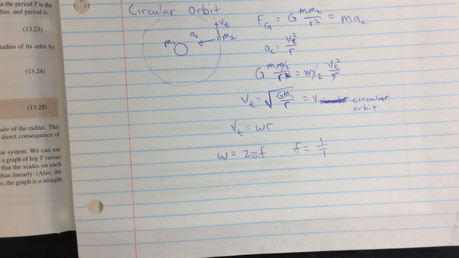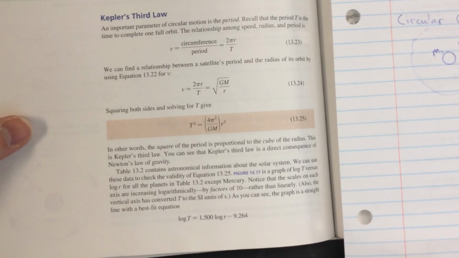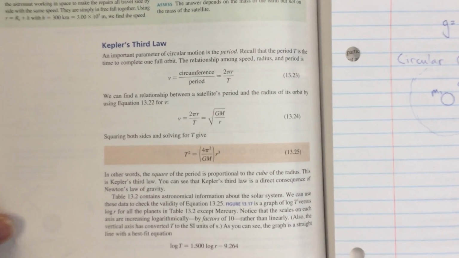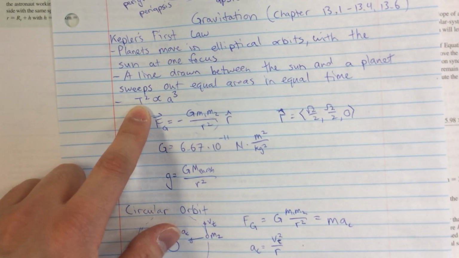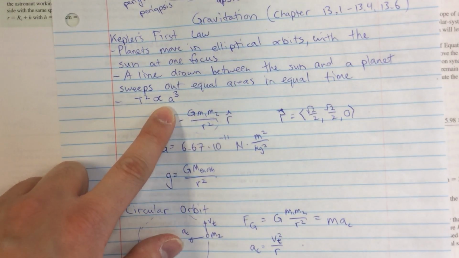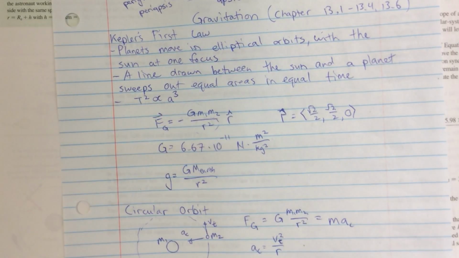Okay, so if we assume circular orbits, now we can go and investigate Kepler's laws and look at the math behind them. We're skipping the second law for now, but Kepler's third law said that the orbital period, how much time it takes to go around once, squared is proportional to the cube of the radius.